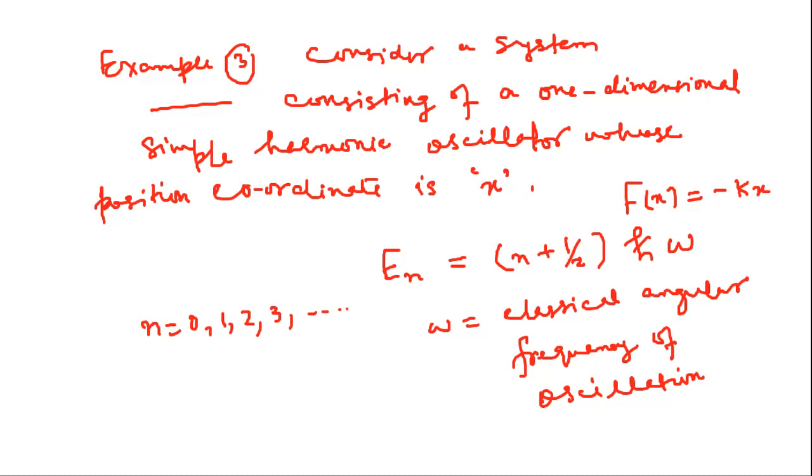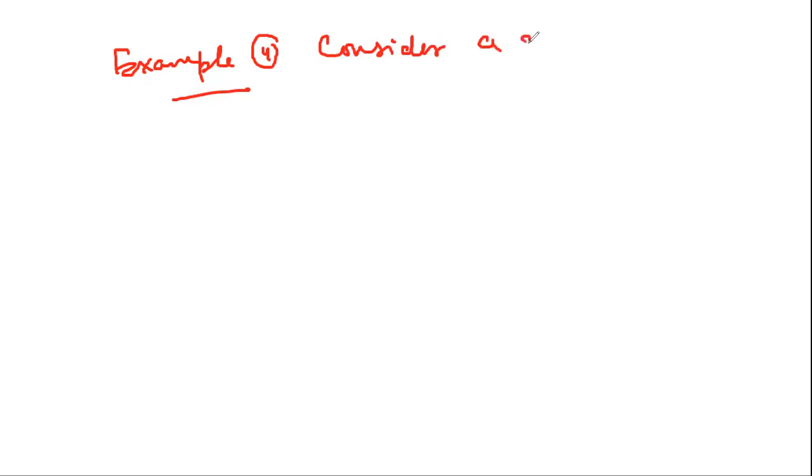So let us take another example. We call that example 4. Consider a system consisting of n simple harmonic oscillators.